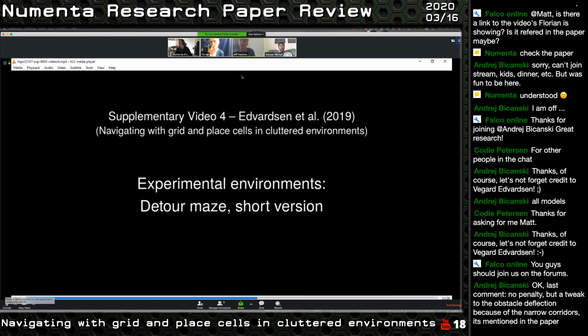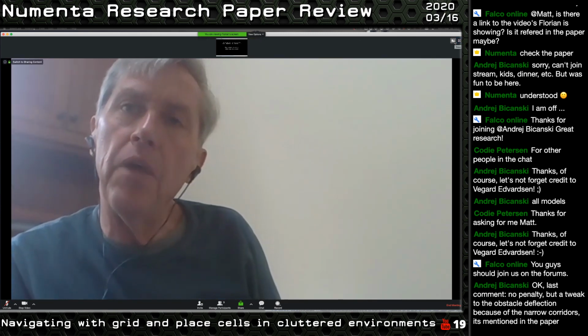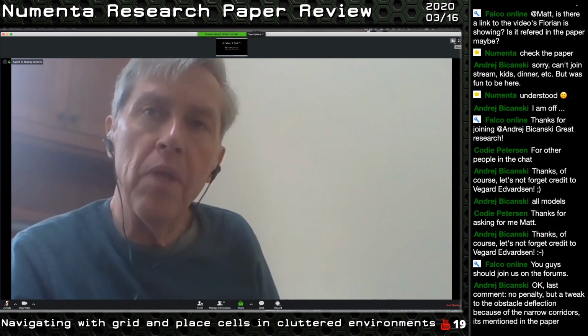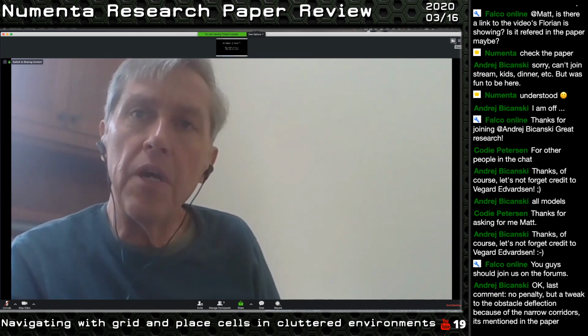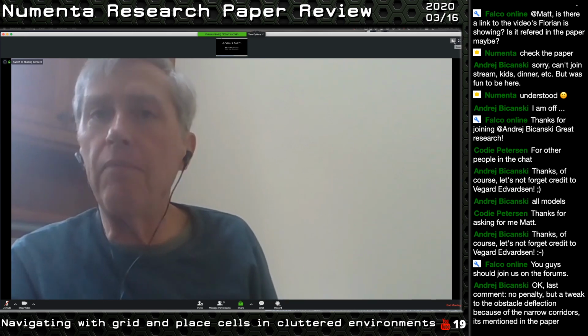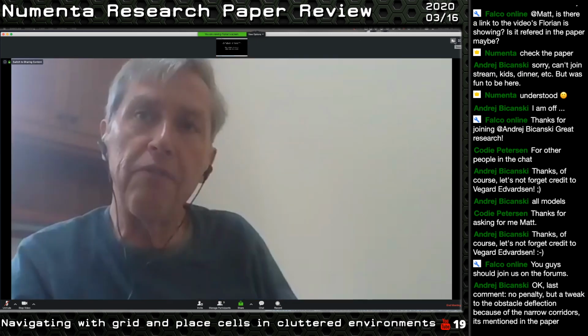Interesting. One thing I should point out in this model, and the authors made it clear up front, is they do path integration with their grid cell equivalent, but I think they said it's a perfect integration. There's no noise in it, and they don't update the grid cells from the place cells.